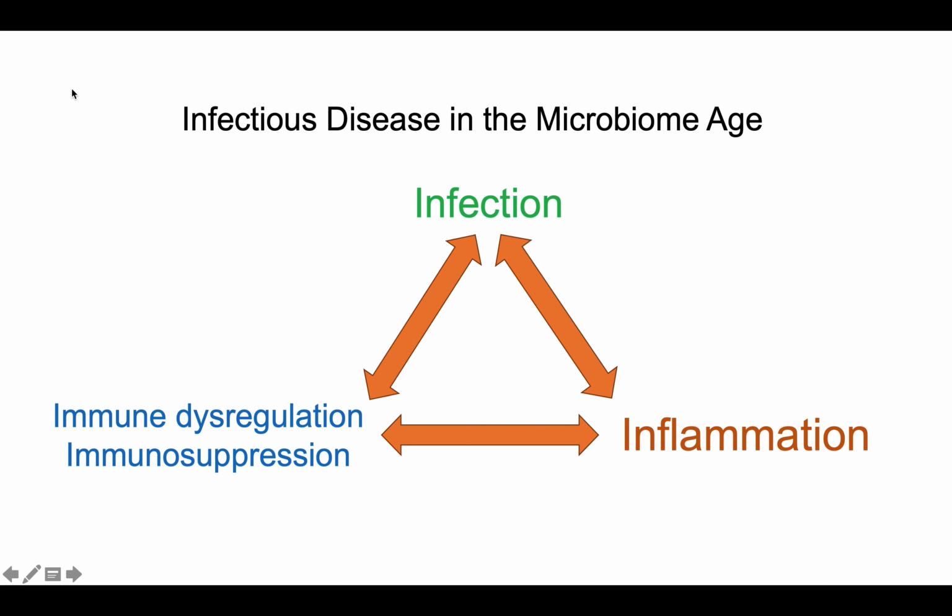But you'll get an infection which may lead to inflammation, or it may lead to having an effect on your immune system because that microbiome has been disrupted. And in either case, the inflammation or even the infection itself may suppress your immune system, or it may even dysregulate it.